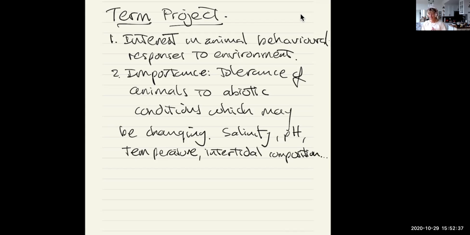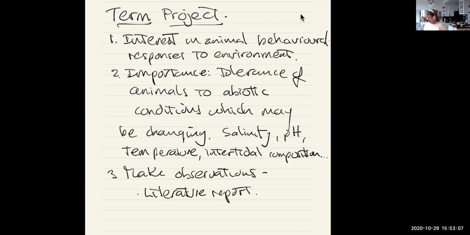And so, yeah, I'll try to start at the beginning, which is making observations. So you've got your area of interest, and then you make observations. And you've done that by doing your literature report. You can also go out in the field and make your own observations.